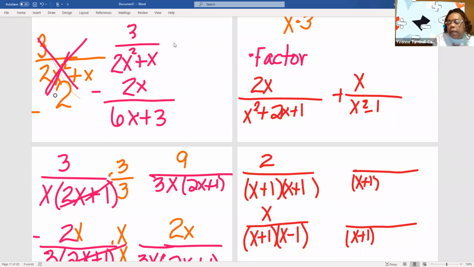Once I do that, I'm going to cross it out because I know it has given its service. The top expression has x plus 1, it wants to contribute to the LCD, so I'm going to give its contribution. And the bottom fraction has x minus 1, and it wants to contribute.